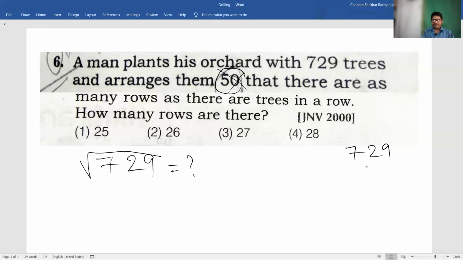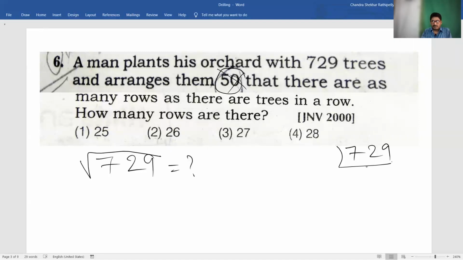For finding the square root of large numbers, we have to follow it like this, children. First we have to make the factorization, then we have to find the square root.